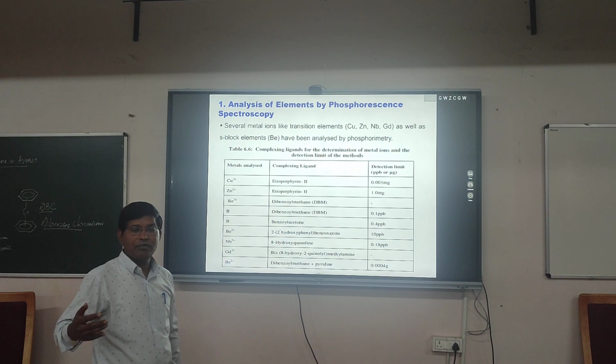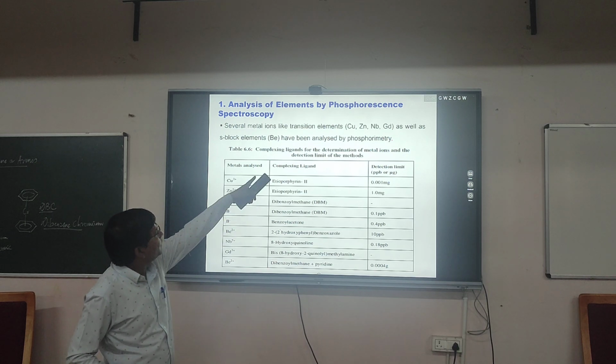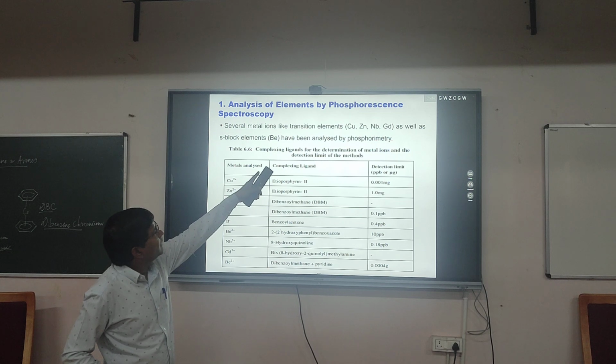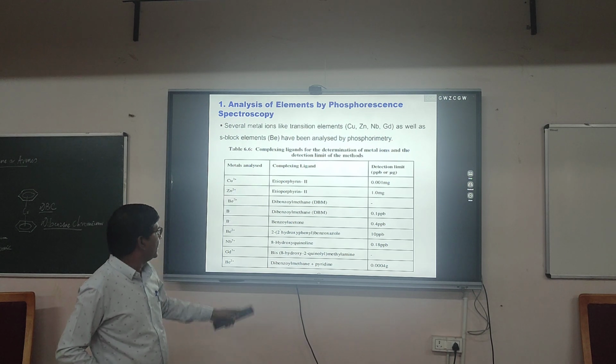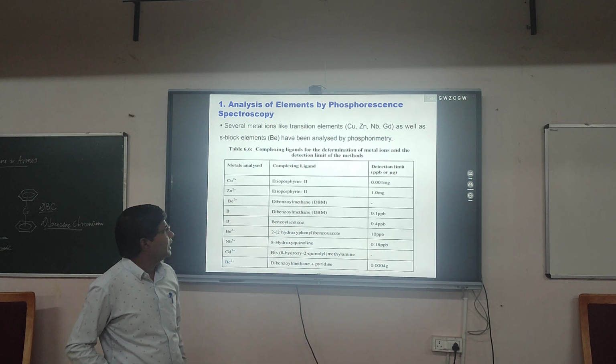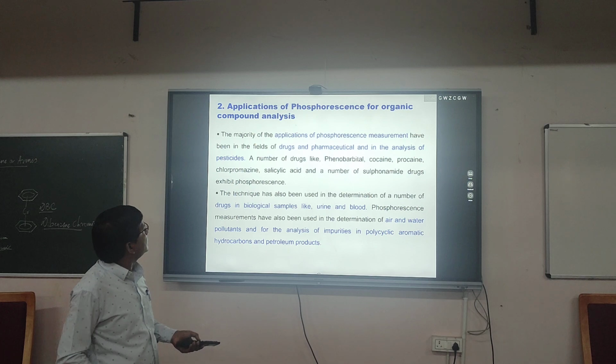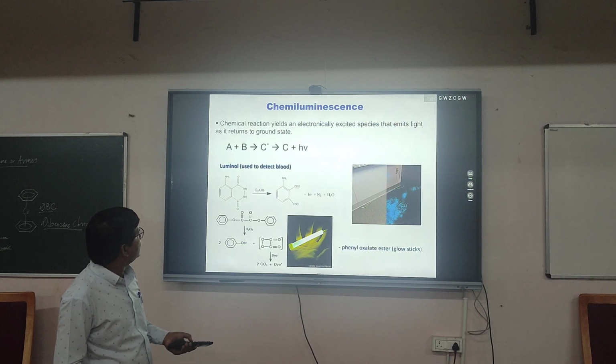In fluorescence we use a fluorophore, and here the name of this compound will be phosphorophore, to form a complex with the element, and this is a detection limit. Then we have seen the application of phosphorescence.